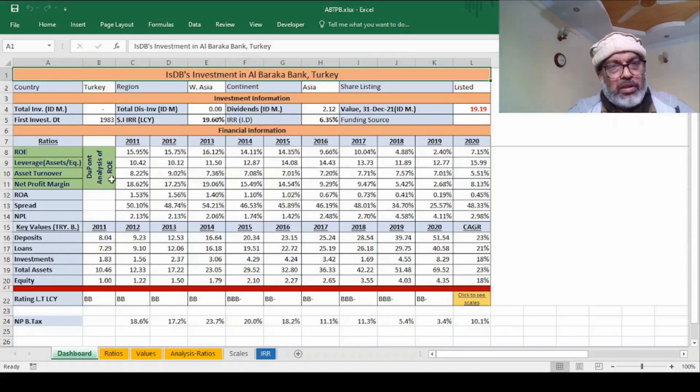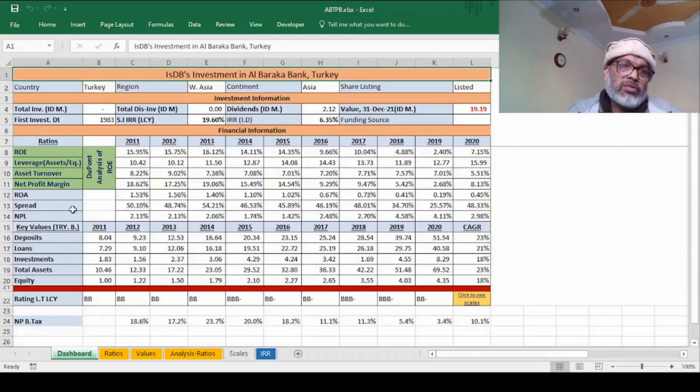This is called DuPont analysis. And then there is return on assets, and there is spread. Spread is the margin of the bank on the interest rate which it gives to the depositors and which it takes from the borrowers. So that difference, which is the earning of the bank, is like the gross profit of the bank.